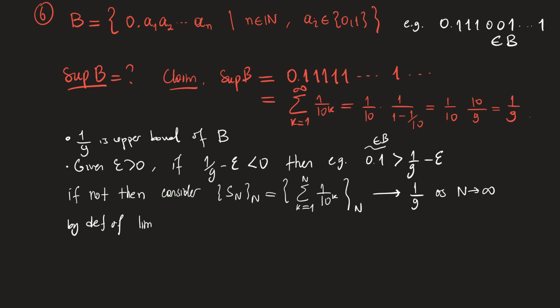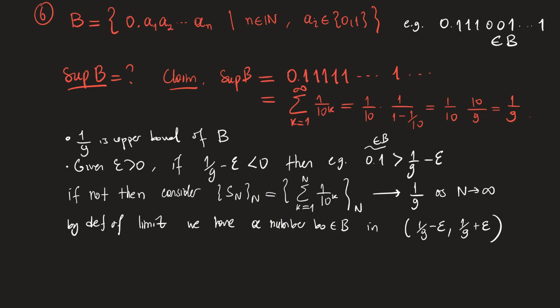Okay, by the definition of limit, we have a number B0 from the set in this interval. How can I show it? 1 over 9 minus epsilon, 1 over 9 plus epsilon, right?